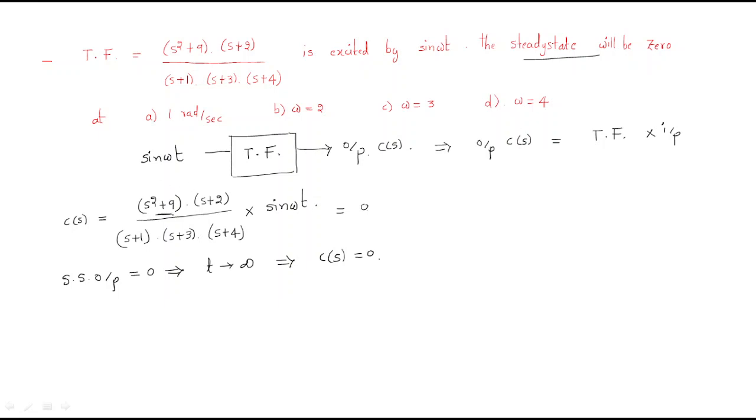So I will take the first term. Assume that s square plus 9 is equal to 0. So s square equal to minus 9, s square equal to j square 9.